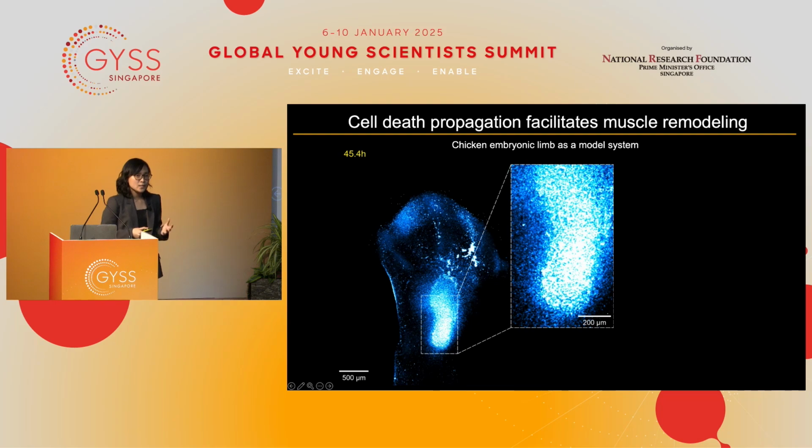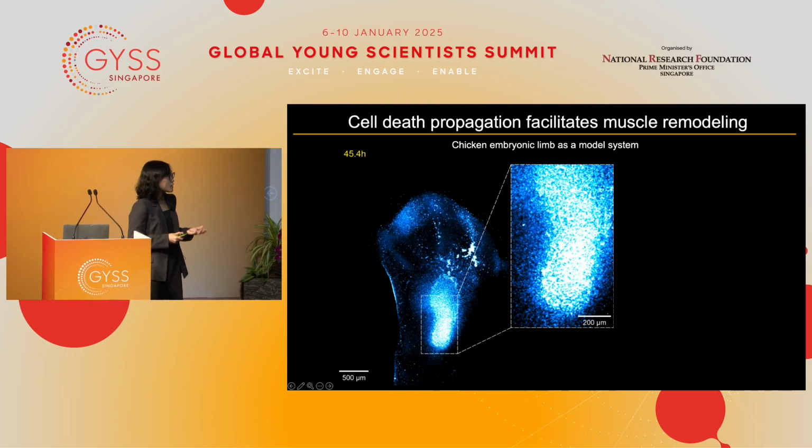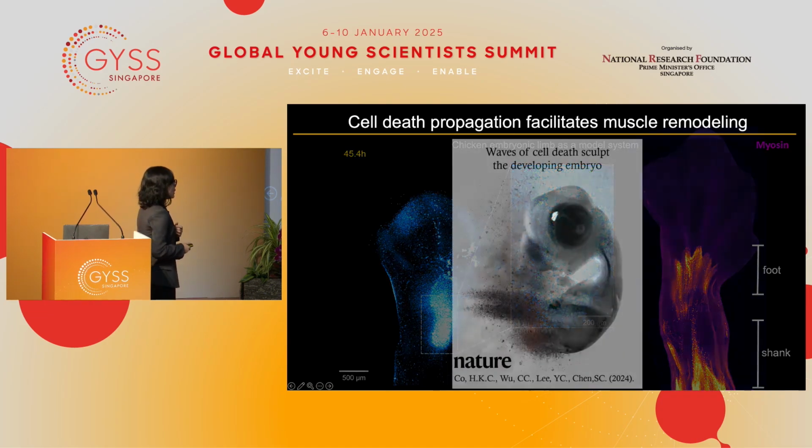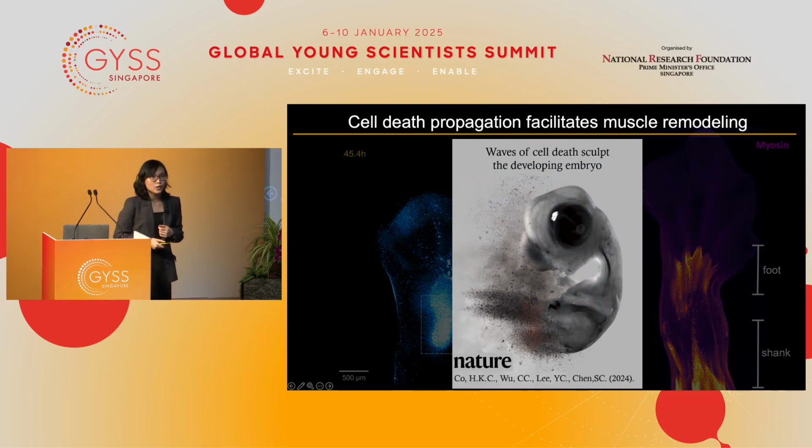We found that this spatial restriction is because the fuel for cell death, which is the oxidizable lipids, is spatially patterned in the limb so as to confine cell death to this specific region. And we found that this cell death is important to separate the two distinct muscle masses of the limb, which are the foot and the shank. All of these data have been published, and you can check it out if you're interested.